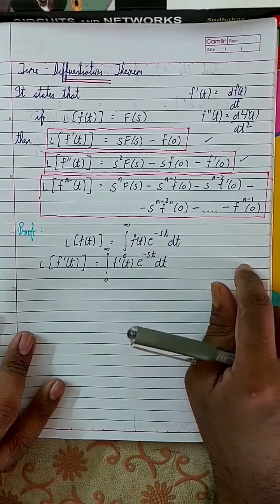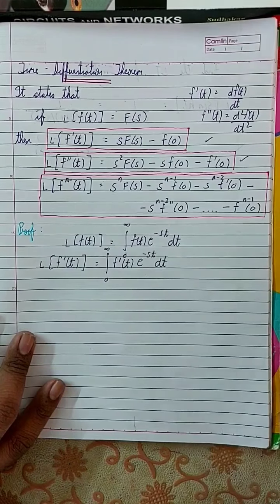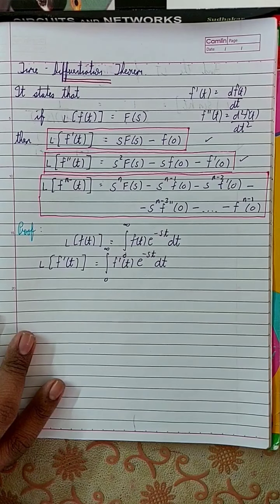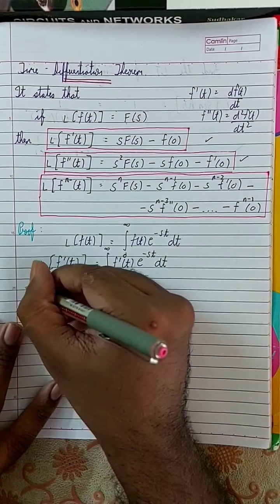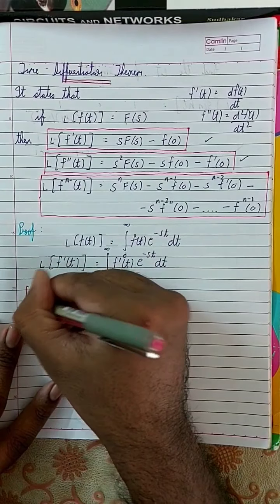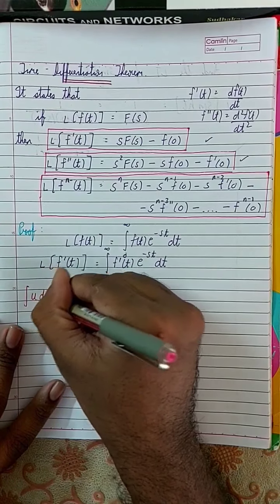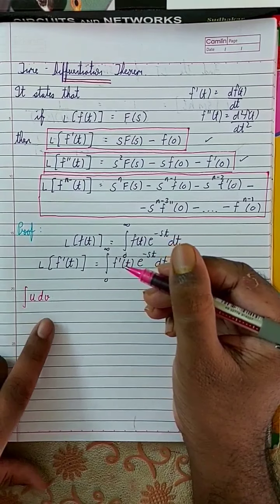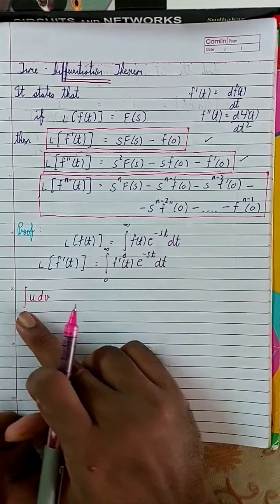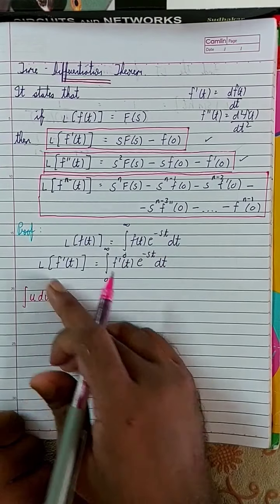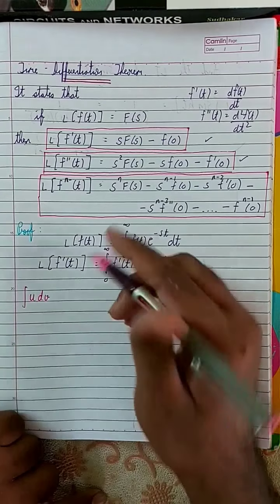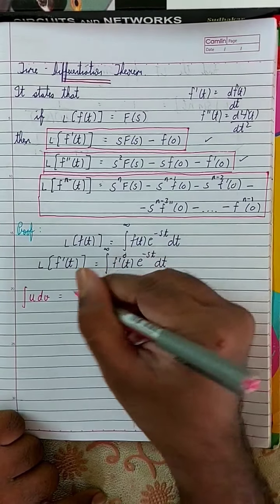Very simple. How to integrate this is because we already know the formula: the integral of u dv/dx dx, where u and v are functions of x. This is an integration formula which you have already studied in your maths class.